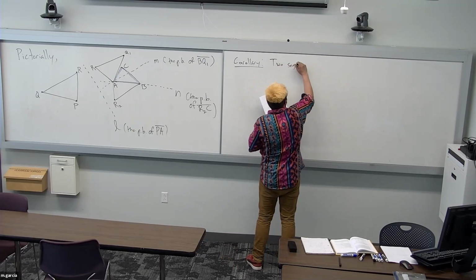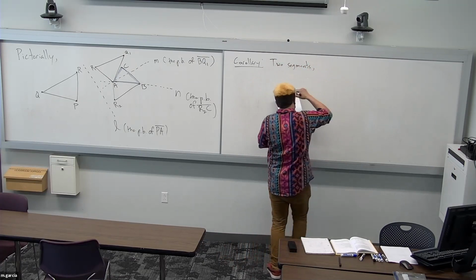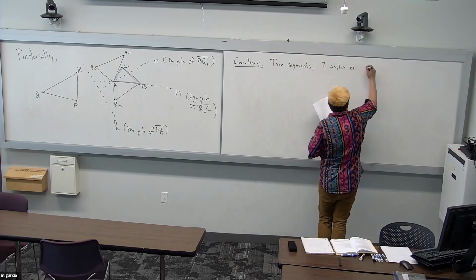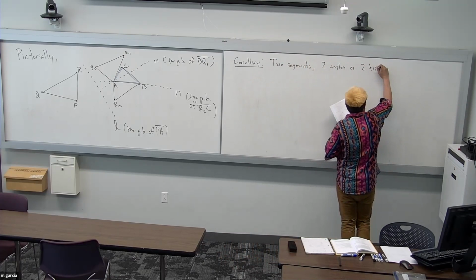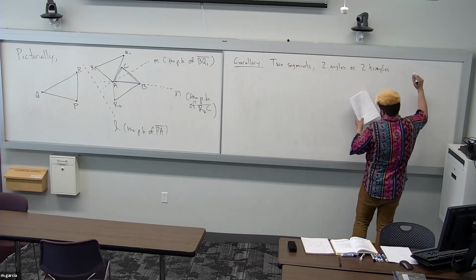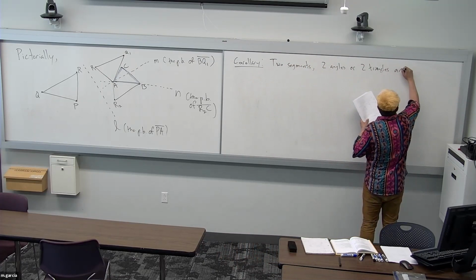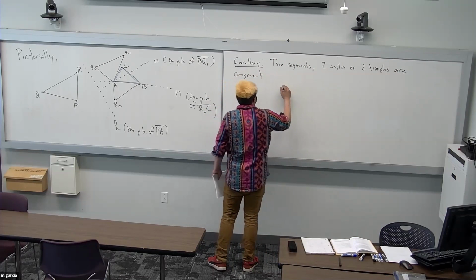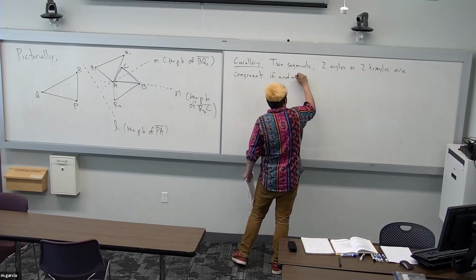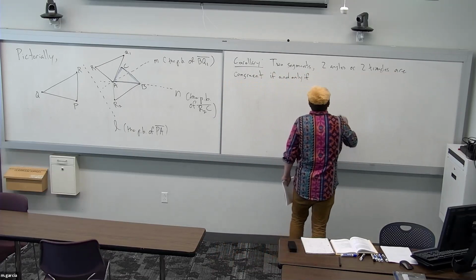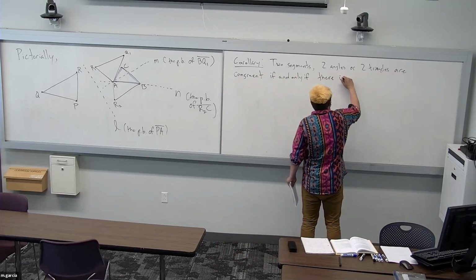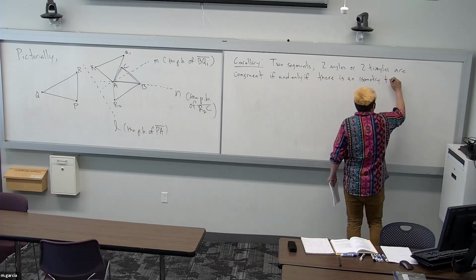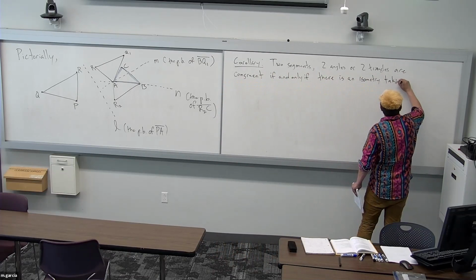Two segments, two angles, or two triangles are congruent if and only if there is an isometry taking one to the other.